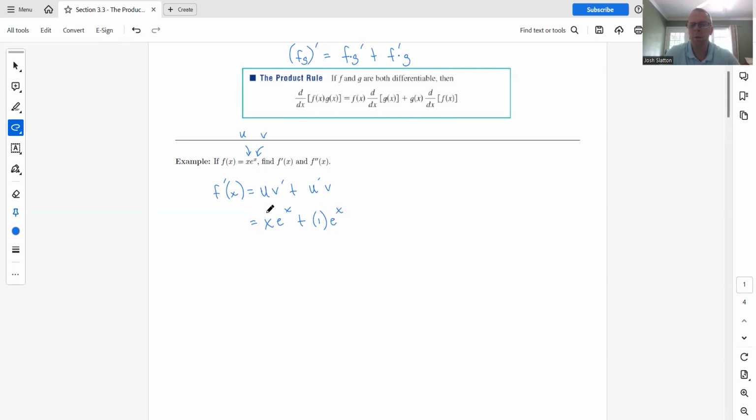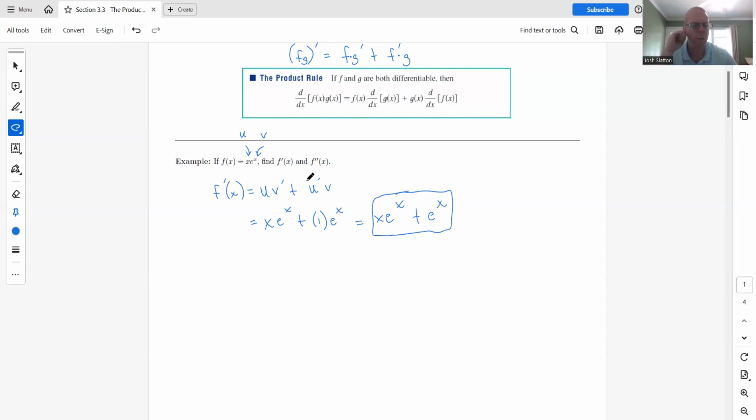So u is x, v prime is e to the x, u prime is 1, v is e to the x. And so this derivative, not really much to simplify. A lot of times you'll have things to simplify, but in this case, not really much. So f prime in this case is x e to the x plus e to the x. So that is our first derivative.